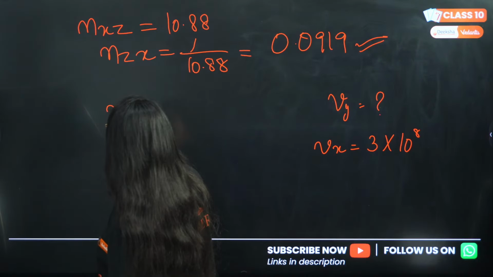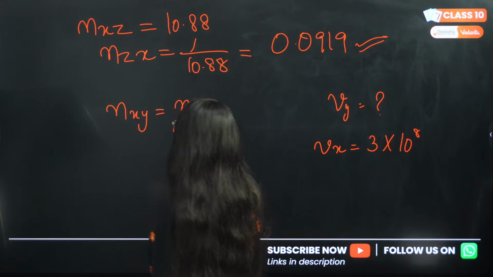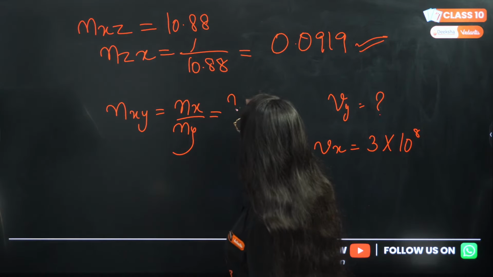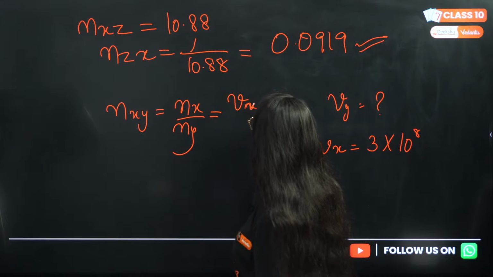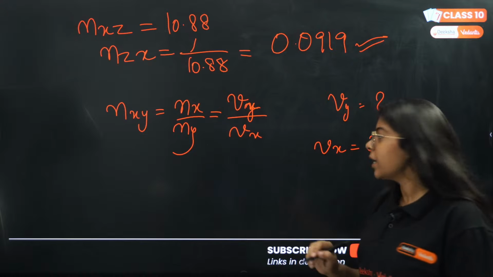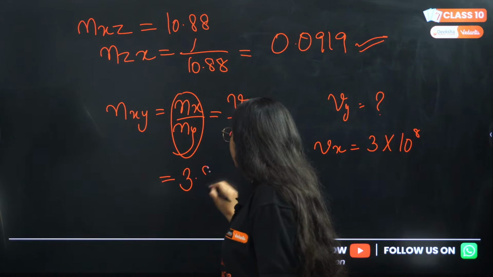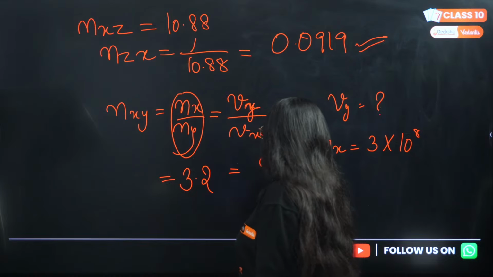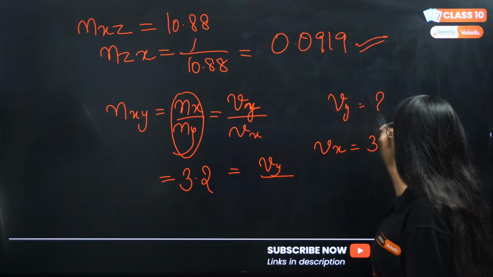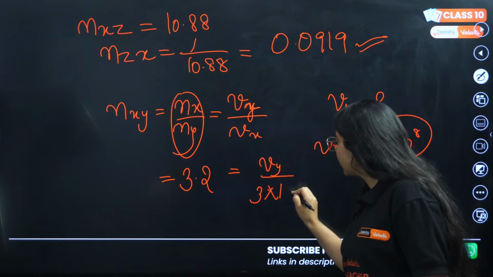Since nXY is nx divided by ny, this was given, and the formula of velocity with respect to the medium is reciprocal, correct? This formula is correct. Now nXY is given as 3.2 equals Vy, which we have to find, over Vx, given as 3 into 10 raised to power 8.